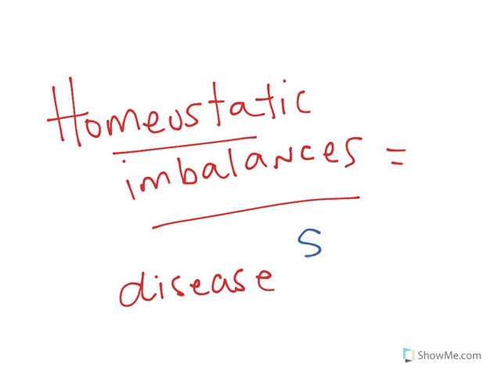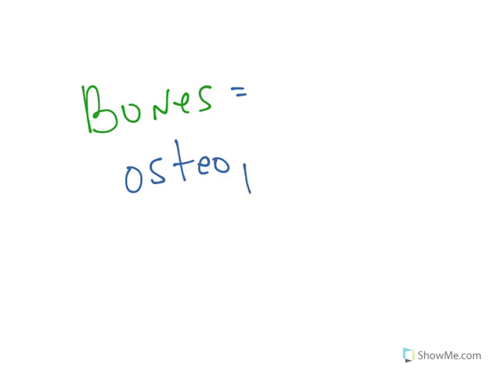So for the skin, can anyone think of some disease processes? The big one I'm thinking of, since we live in Florida, is obviously skin cancer. What about, say, for the bones? Can anyone think of any imbalances they've heard of with bone? I'm thinking of one called osteoporosis.